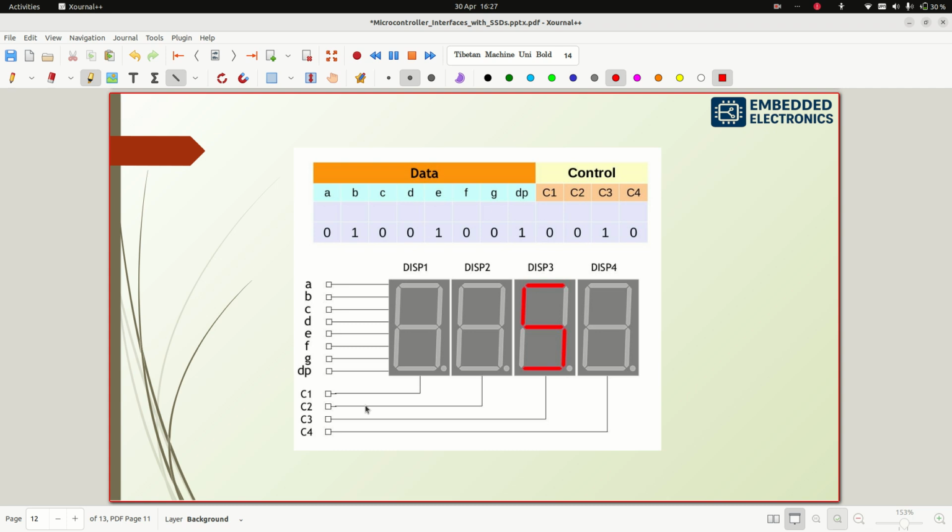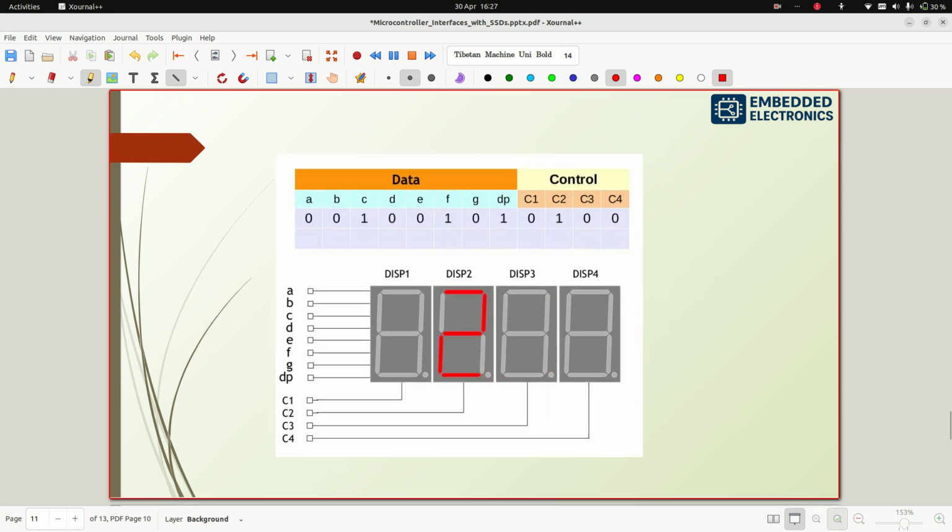So at a time we need to show both, but we can't show C2 and C3 together, right? So what we need to do, we need to make it faster. So here you can see 2 and 5. At a time we can't show, right?